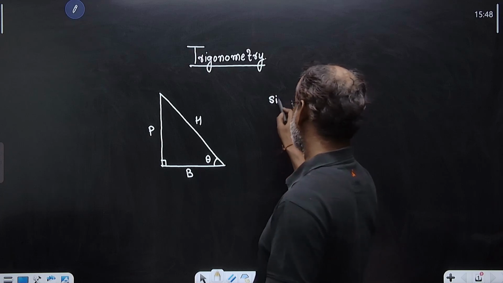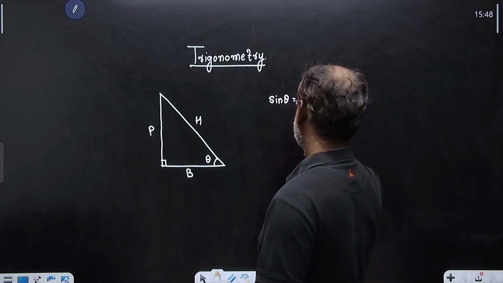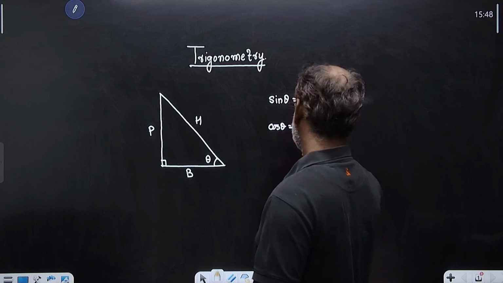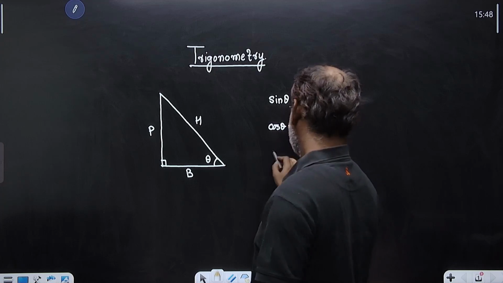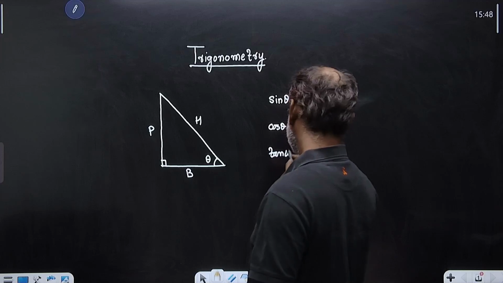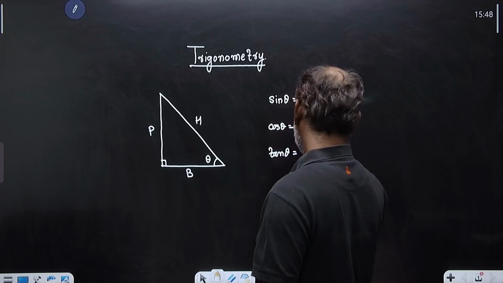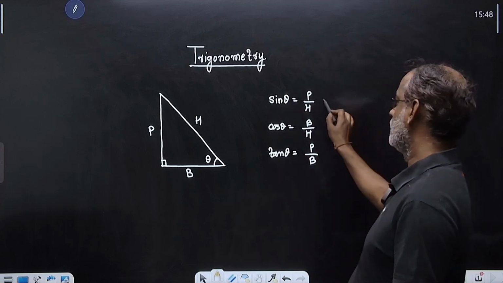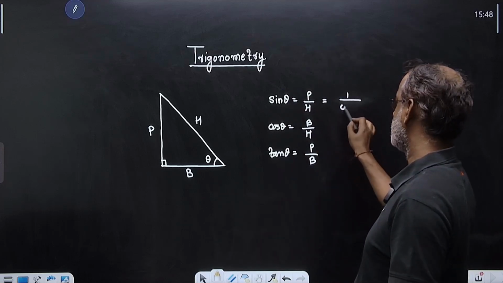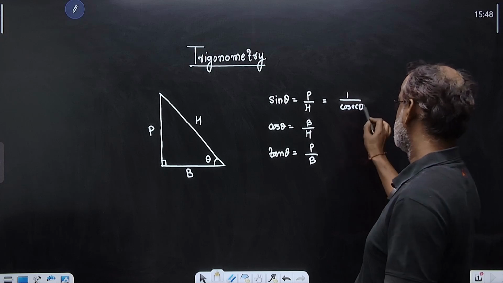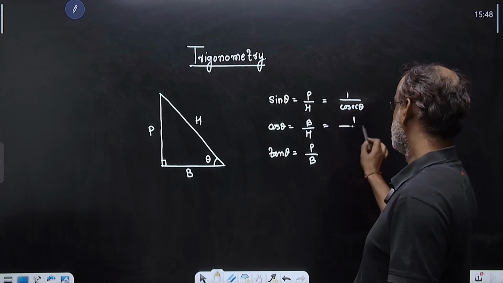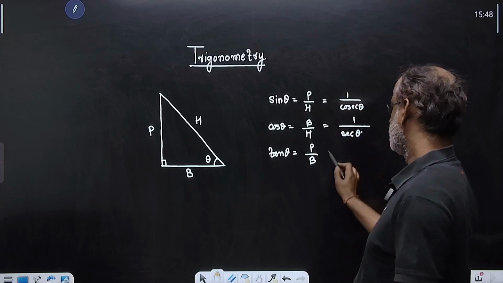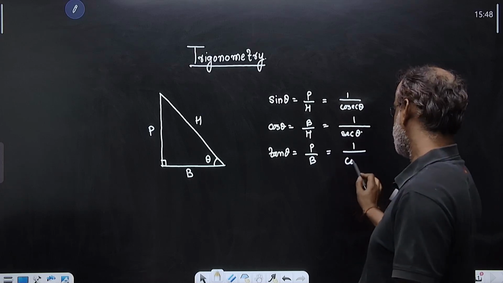You know that sine theta is p by h, cos theta is b by h, and tan theta is p by b. This is also 1 upon cosec theta, 1 upon sec theta, and this is 1 upon cot theta.